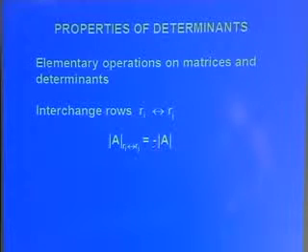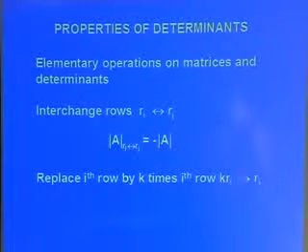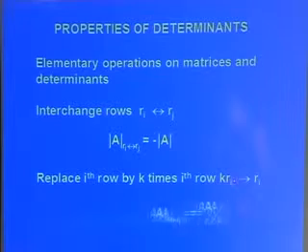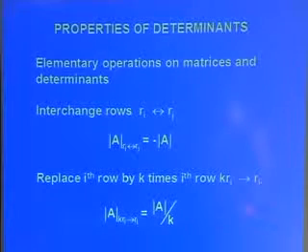Then this is equal to minus determinant A. This I have proved in my earlier slide. Now if you replace the ith row by K times the ith row, so that K Ri goes to Ri, then using our earlier results, the determinant of A with K Ri replacing Ri is equal to determinant A divided by K. I will explain this with examples.